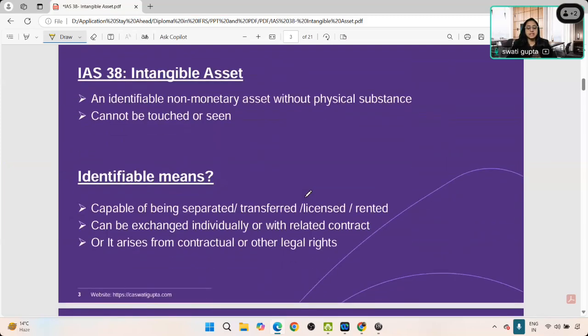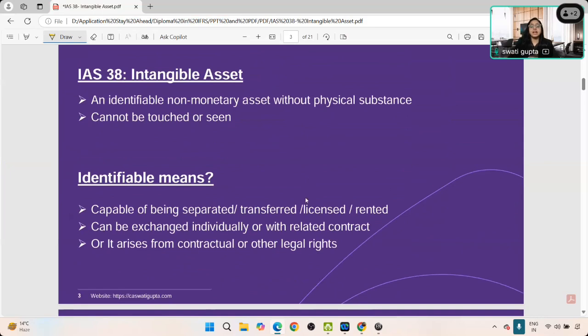Let's understand the definition. An intangible asset should be an identifiable, non-monetary asset without physical presence. Therefore, it is known as intangible. What does identifiable mean? What does non-monetary mean?